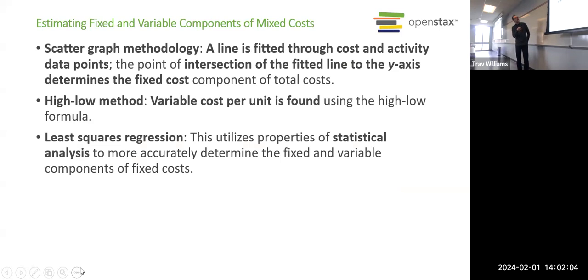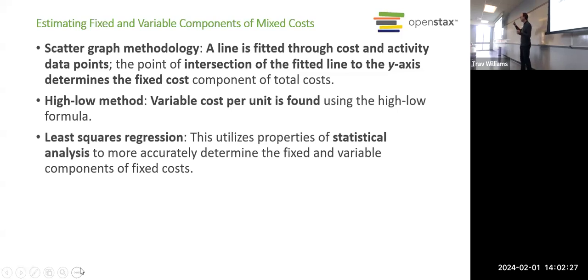Okay, so again, the high-low method is what we are going to be focusing on. The scatter graph method, you don't have to use a spreadsheet. You could just take a piece of paper and make your own scatter graph, but there is a way to do it on spreadsheets as well, where you put the data in and it makes the graph for you. And we'll see what that looks like.